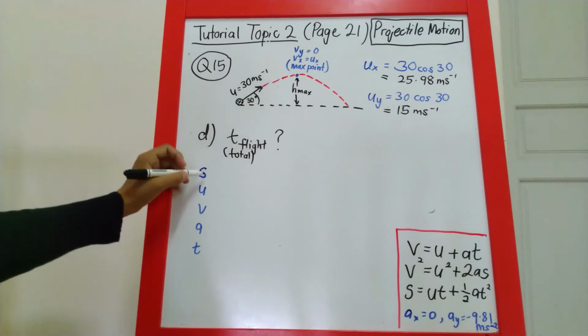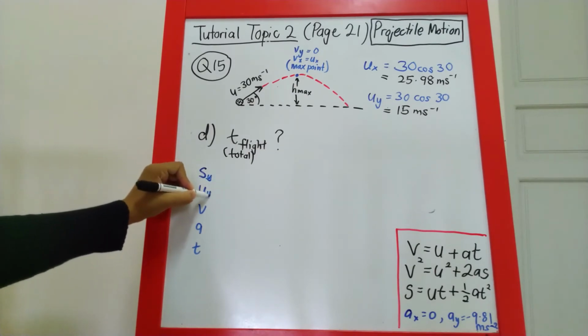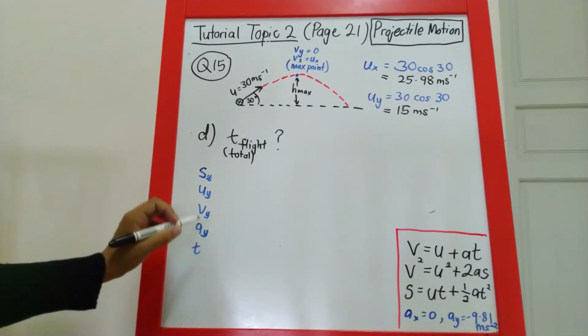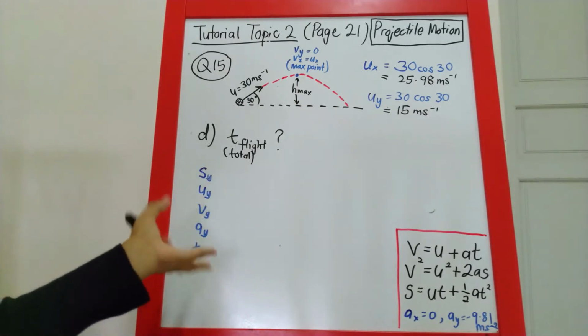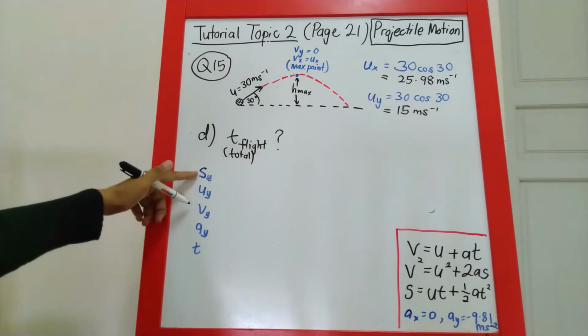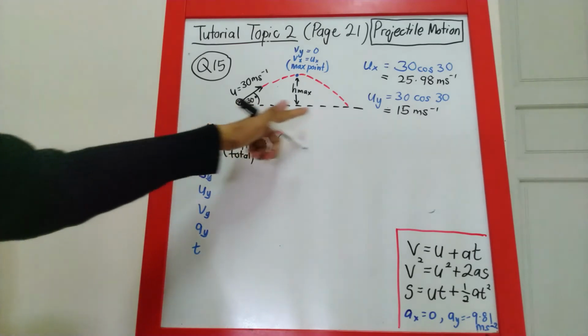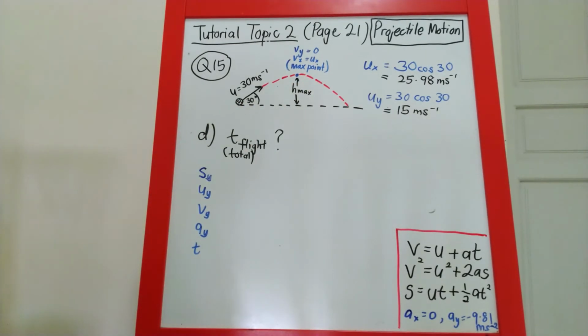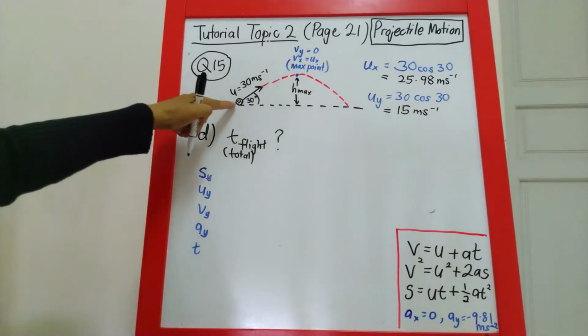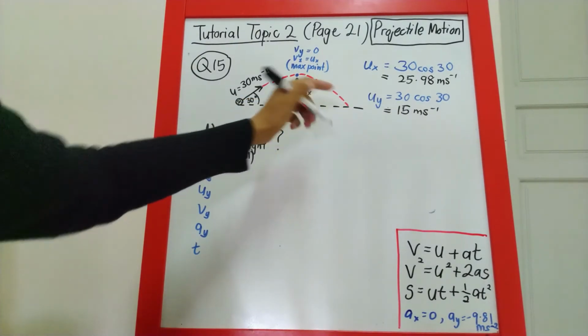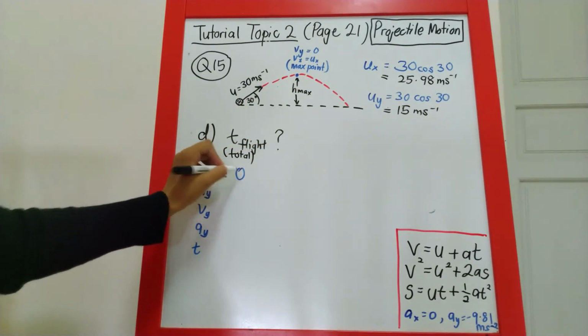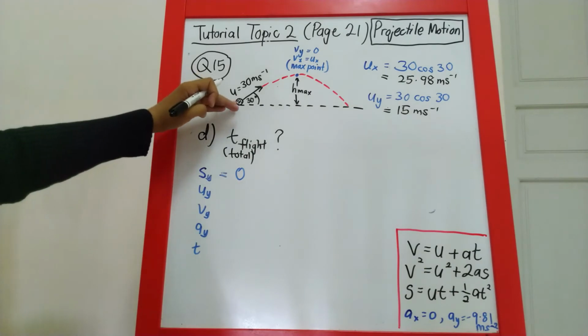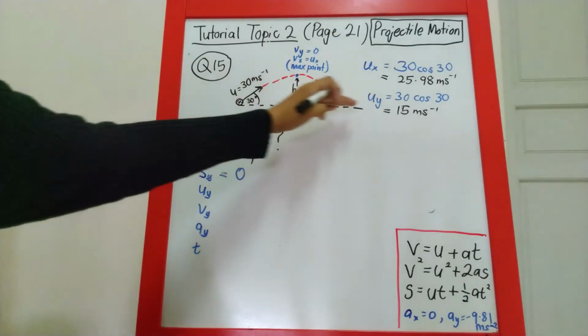Sy is more suitable because you have all the information that you need to calculate. Total time is from here to here. So what do you think Sy is? Sy is 0, because the initial and final points are on the same level.